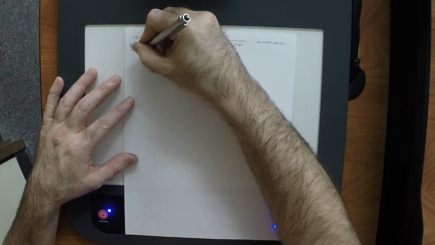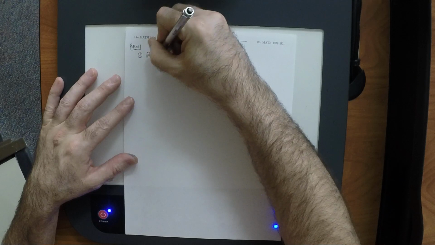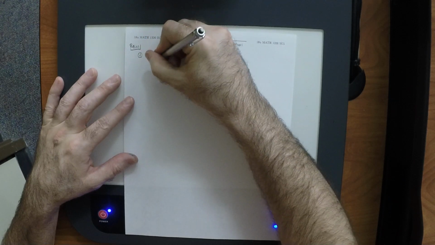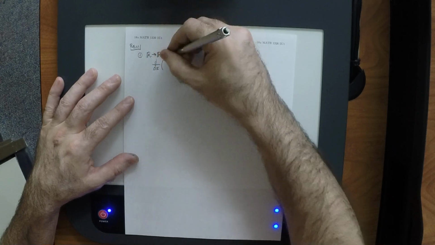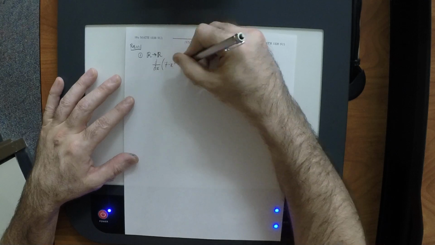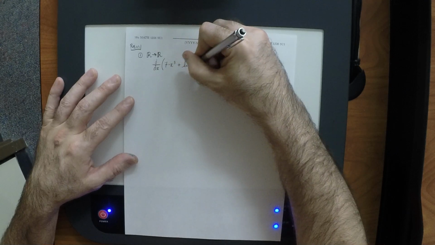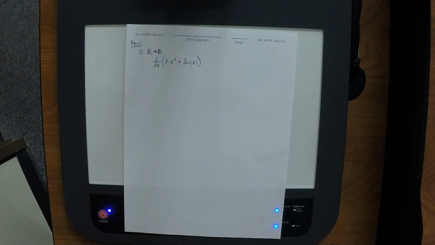In the reals to reals case, you can write this kind of thing, d dx of, I don't know, 7x cubed plus the logarithm of x. So that's a totally run-of-the-mill thing to write.